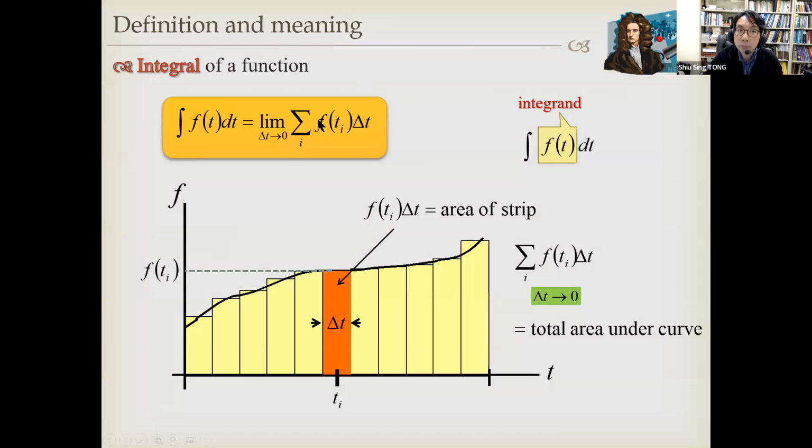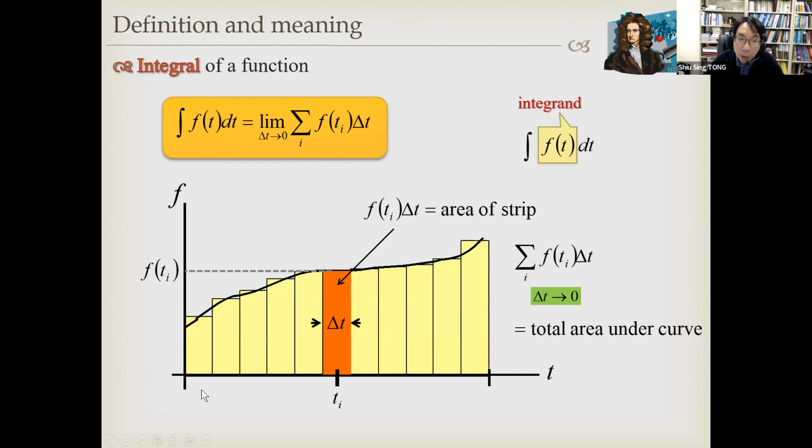Now, if you talk about integration, you have to go back to its basic definition, and that definition is the Riemann sum. There's a term for this sum, and it's called the Riemann sum. It was invented by the famous mathematician Bernard Riemann. Now, what is that? Suppose I'm given a function of t.